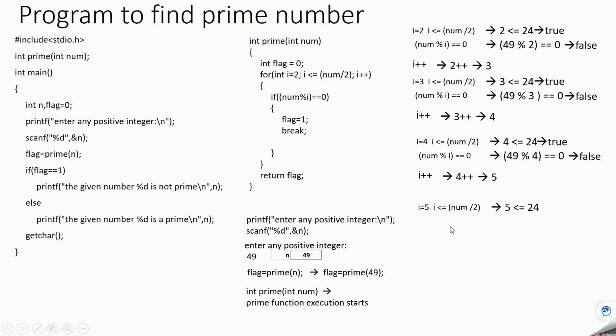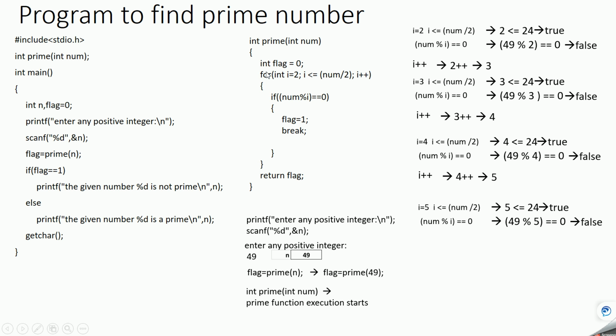Here you can see in this case also 5 is less than 24, it is true, and then again the remainder calculation, and it will be false in this case also because 49 modulus 5 will give remainder as 4, so it is not equal to 0, so this will become false and then again control will come here.